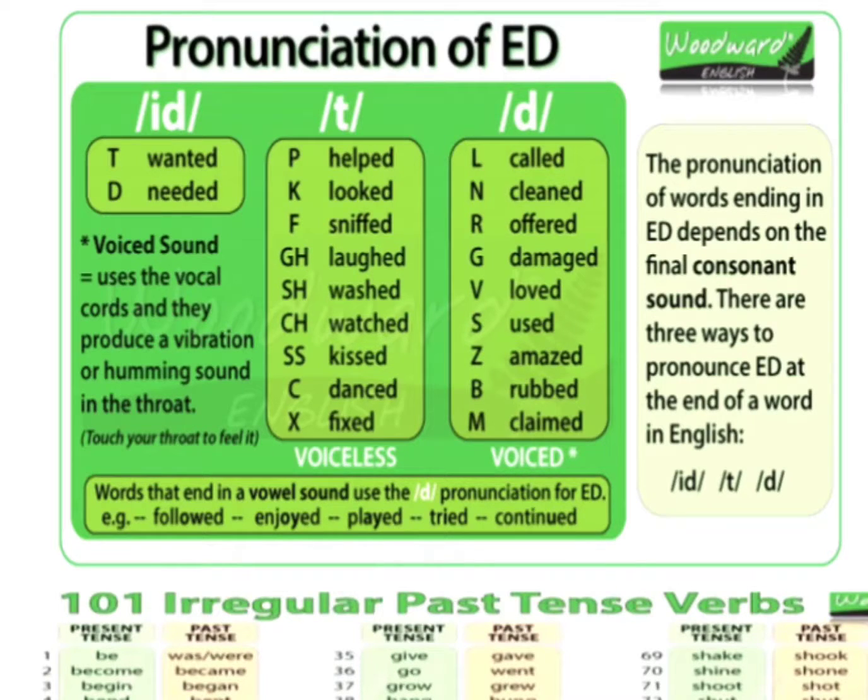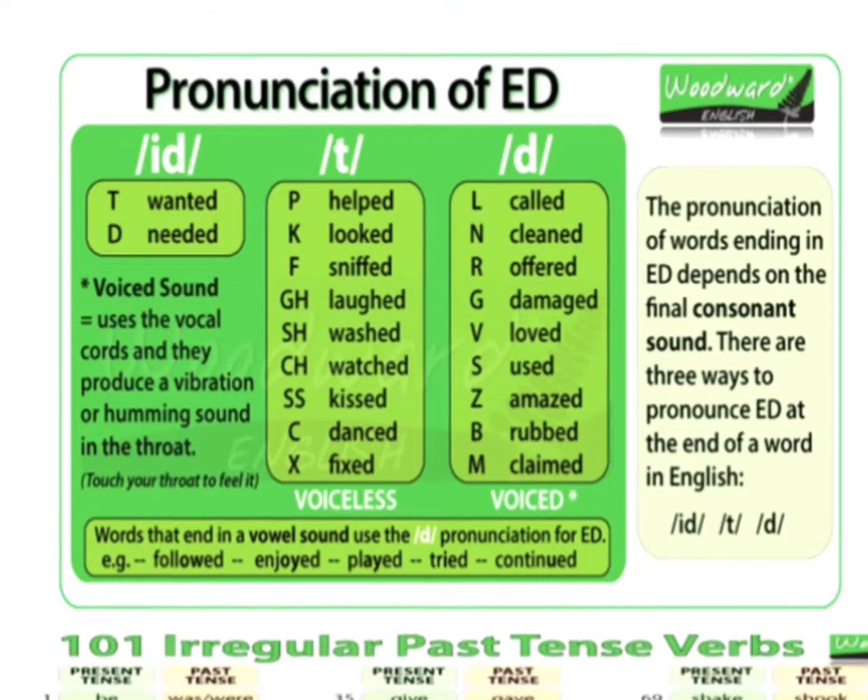Now, when talking about simple past, we have two different kinds of verbs: regular verbs and irregular verbs. First, let's start studying the regular verbs because they have such a specific pronunciation.